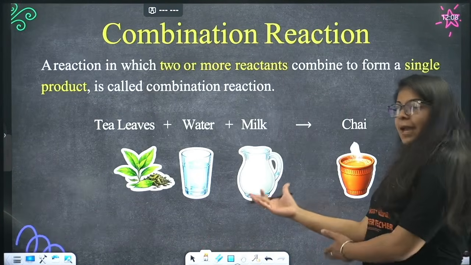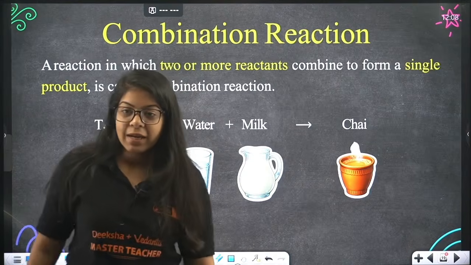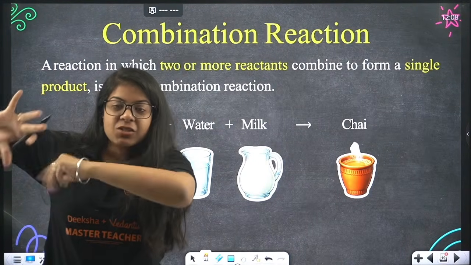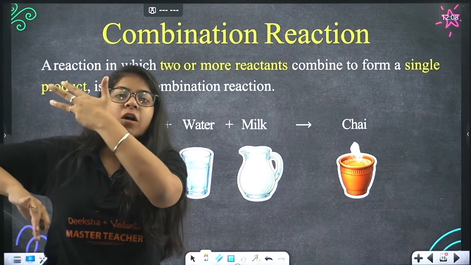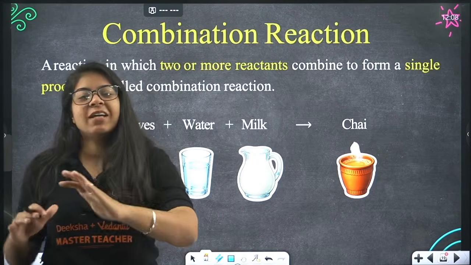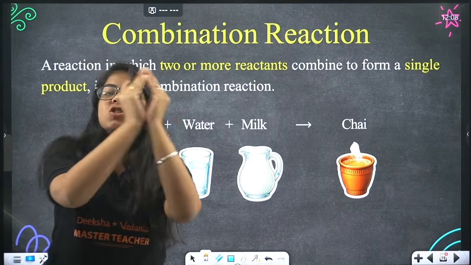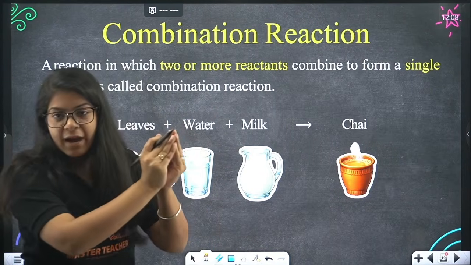Now beta, again we have tea. Now combination reaction in tea, you are doing what? In tea, you are getting so many ingredients: tea leaves, milk, water, jaggery or elaichi, adrak. So you are combining all these and a single product is being made, that is your chai. Done.